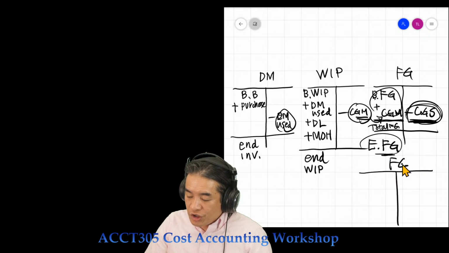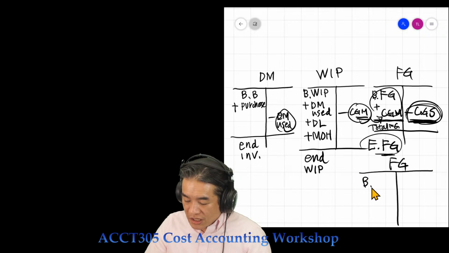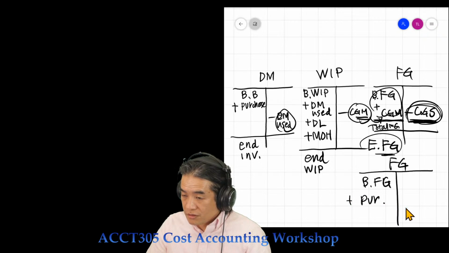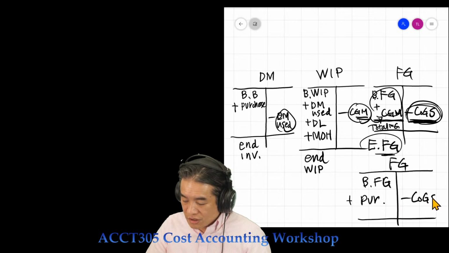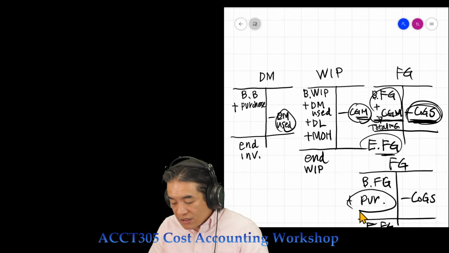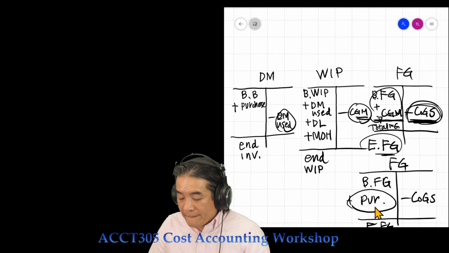So if the FG is a BFG plus purchase, minus the cost of goods sold, it will still give us the ending finished goods or ending goods inventory. But in this case, we are buying instead of making.